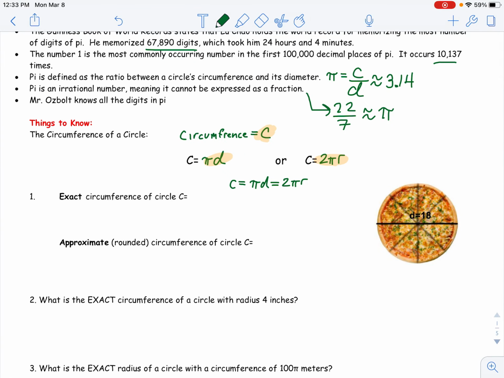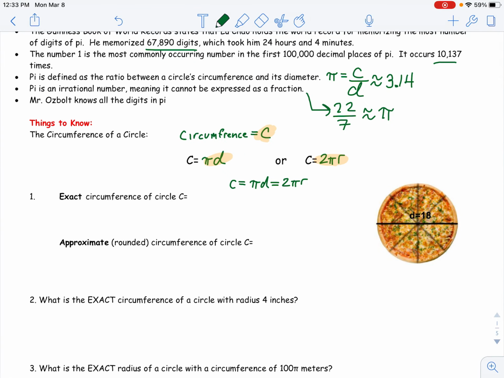The exact circumference of this pie, well, it gave us the diameter, so pi times diameter, and we like to write the number before pi, 18 pi. We like to write the whole number before pi. That's exact. That means it's not rounded.